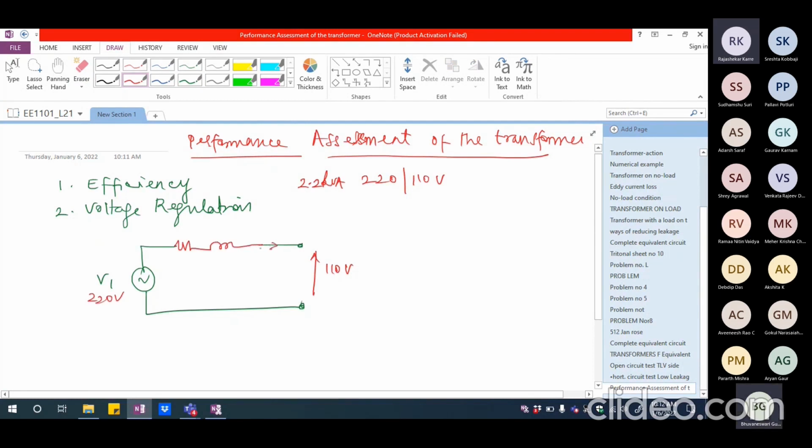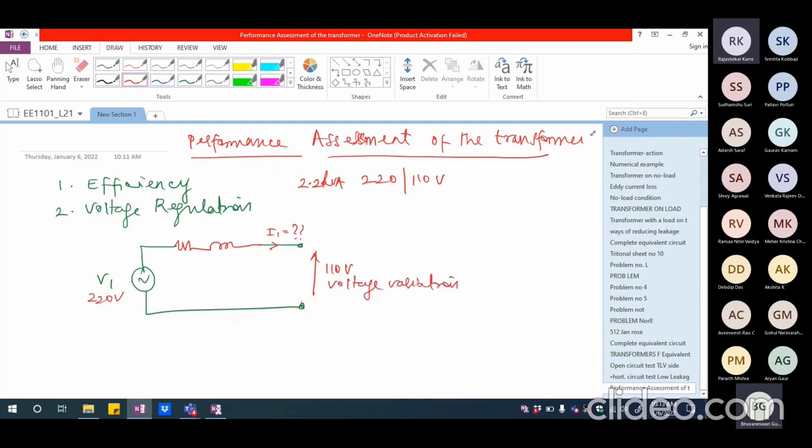The drop in the voltage depends upon how much current I am drawing. If I am drawing rated current, maybe the drop will be a couple of volts. If I am drawing less current, then maybe the drop will be less than that. So how much is the output voltage varying? How much is the voltage regulated or controlled?